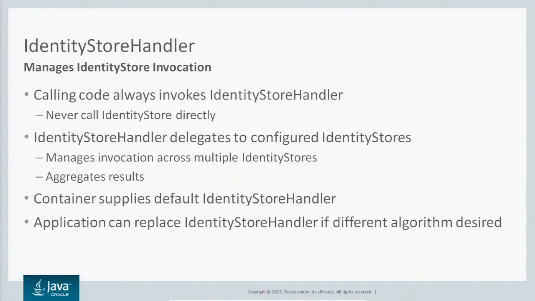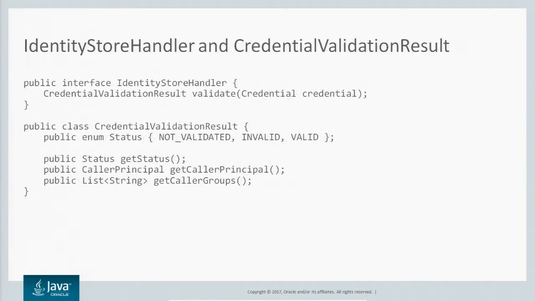There's a default identity store handler that's supplied by the container. Applications can replace the identity store handler if they'd like a different algorithm. But the default handler provided by the container is a fairly reasonable algorithm. So that's the identity store handler interface.